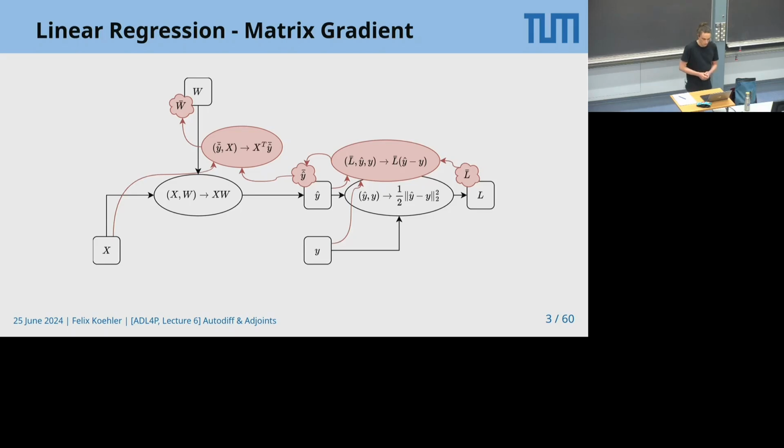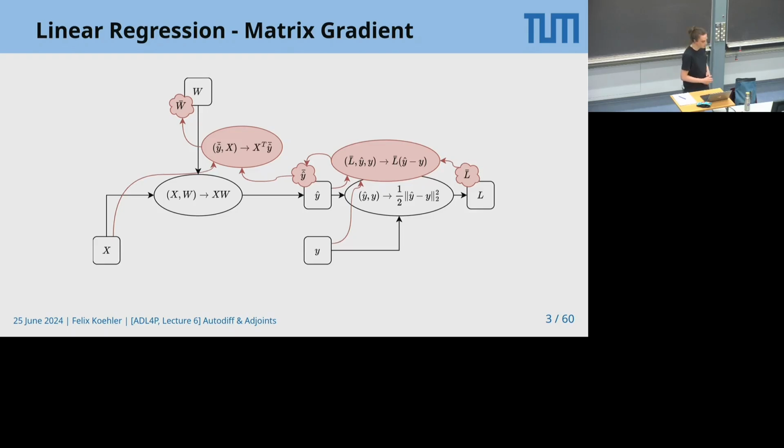So you start at the end of your compute graph, at L bar, and the derivative of the loss with respect to itself is 1. This is the starting point of your reverse pass, and then you reversely propagate the derivative information over your compute graph.